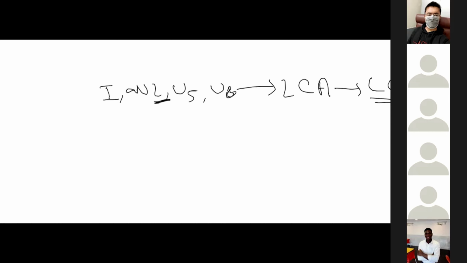So if there is any abnormality or any issue with this left coronary artery or left circumflex branch of the left coronary artery, the pathology will be in 1, AVL, V5 and V6.